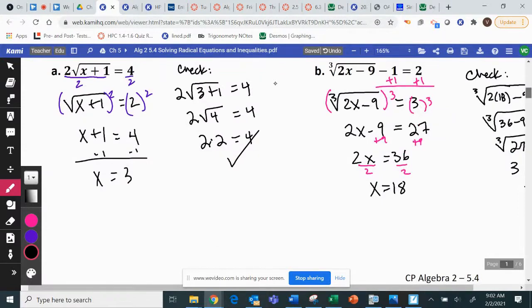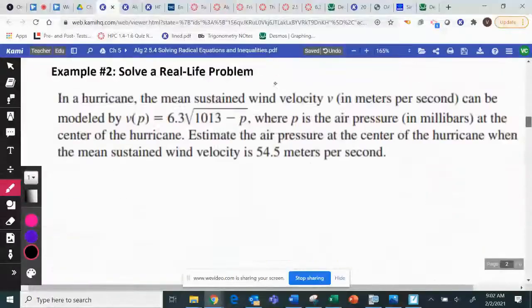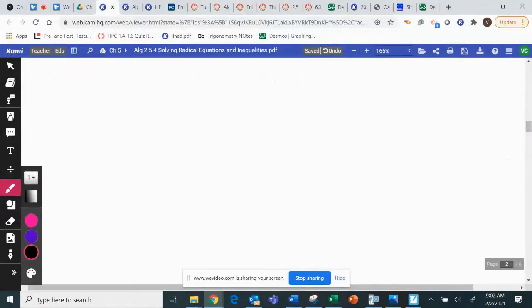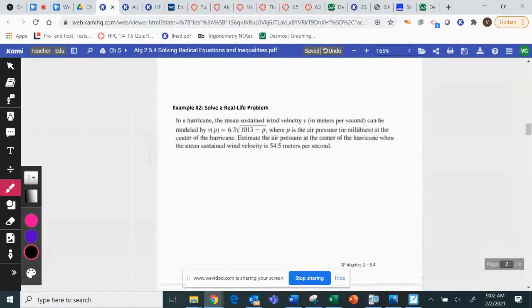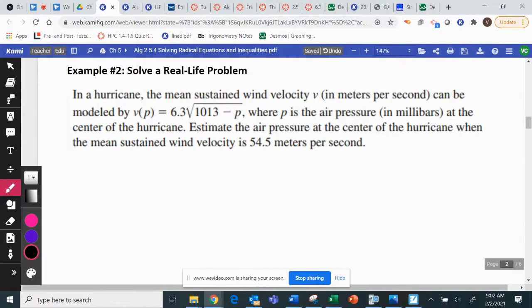Oh, shoot. Here's a real life situation. Maybe. In a hurricane, the mean sustained wind velocity V in meters per second can be modeled by this equation. P is the air pressure in millibars at the center of a hurricane.